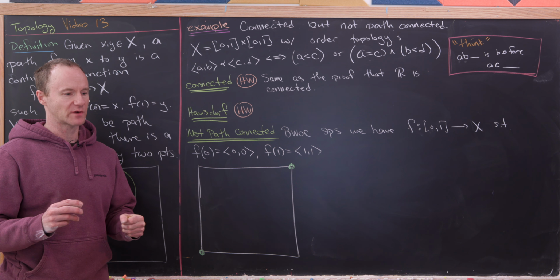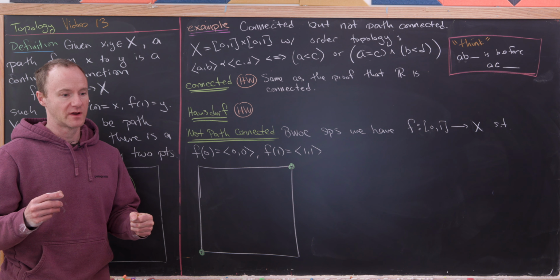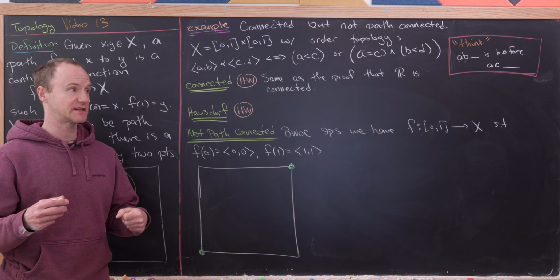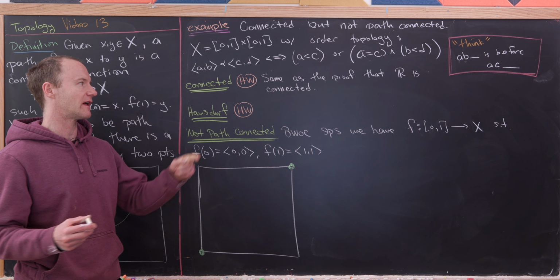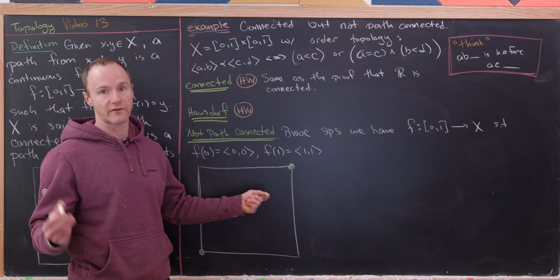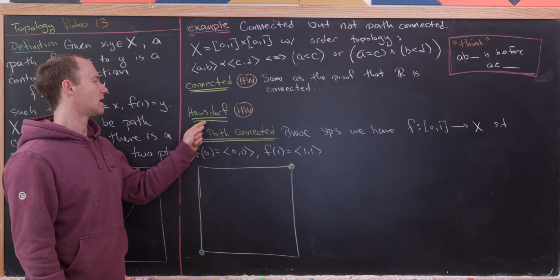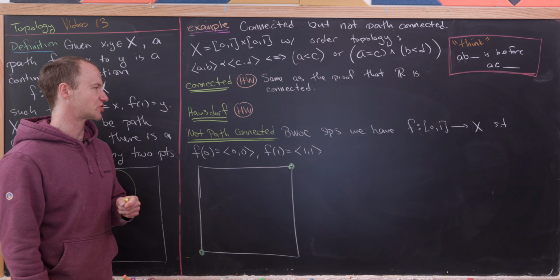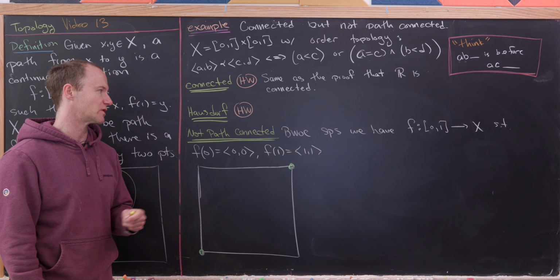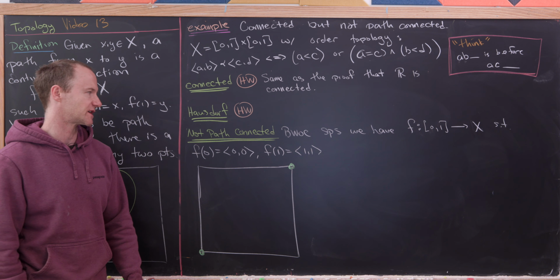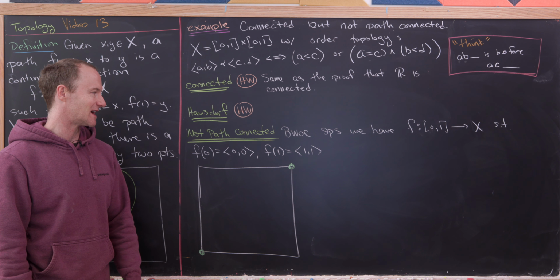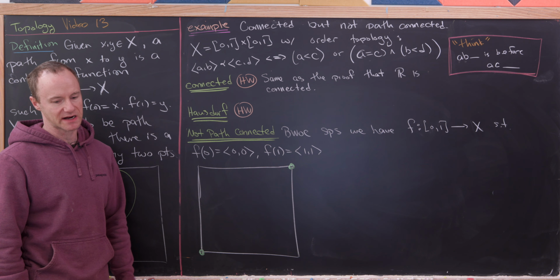So all you have to do is write down a proof that's parallel to the proof that we did in one of our previous videos that R is connected. Then that also follows for showing that this thing is Hausdorff as well, which I'll also leave as a homework exercise. Now let's show that it's not path connected, which is a little bit more technical.